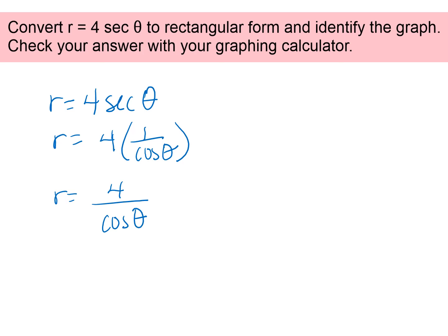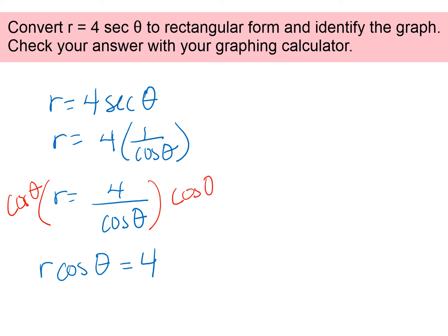Then if you multiply both sides by cosine theta, we'll get r cosine theta equals 4. Maybe I should show that step.